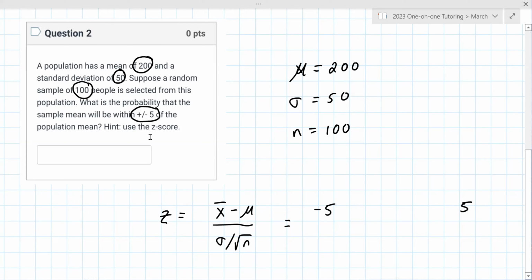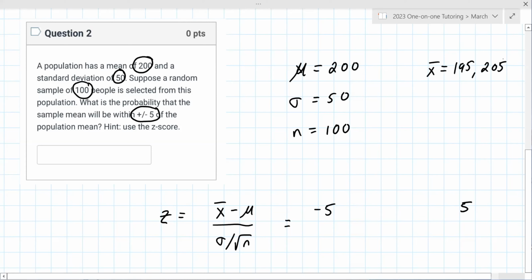They're not giving you the X bar values, but if you need them, you can think of them as 195 and 205. Let's say it was 195. 195 minus 200: do you see how that becomes the -5 value? Over 50 divided by the square root of 100.